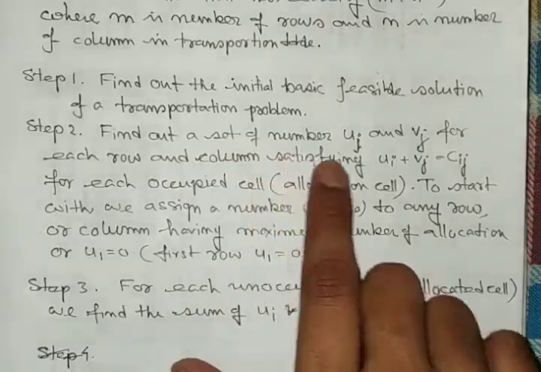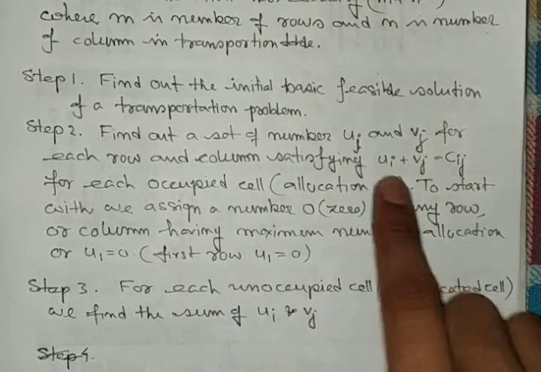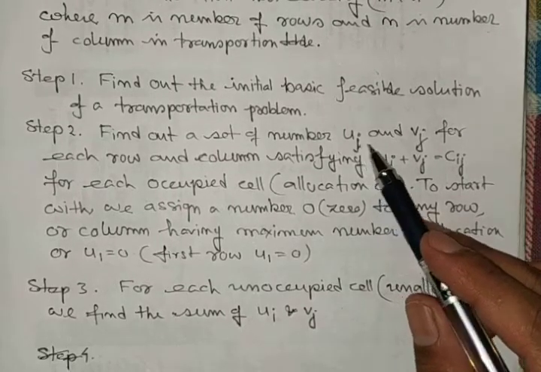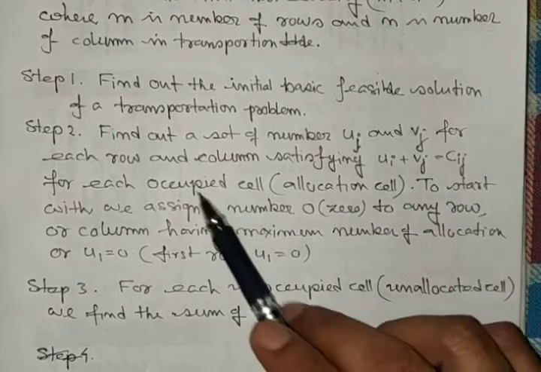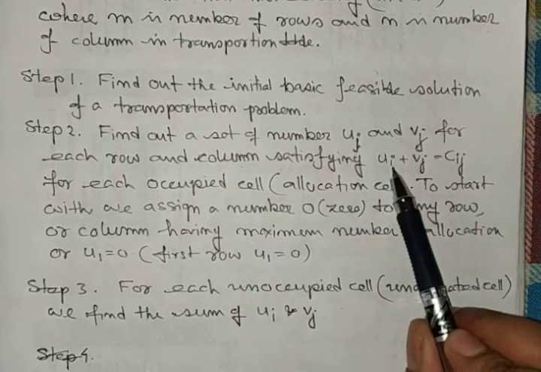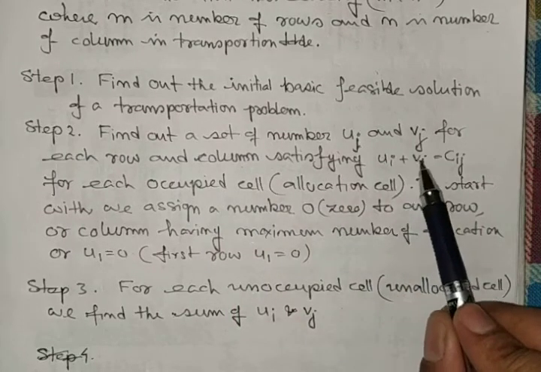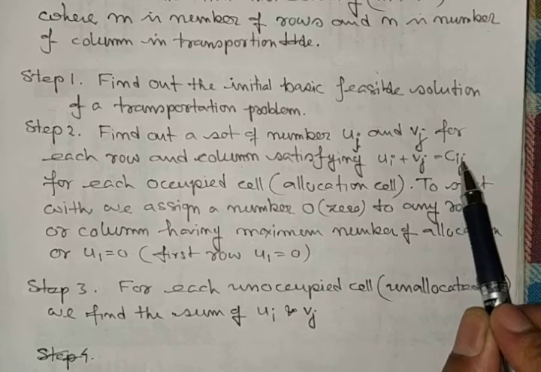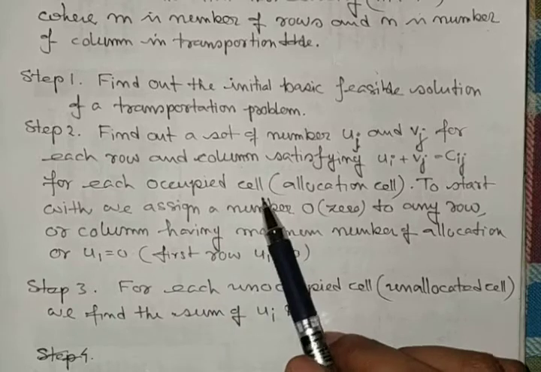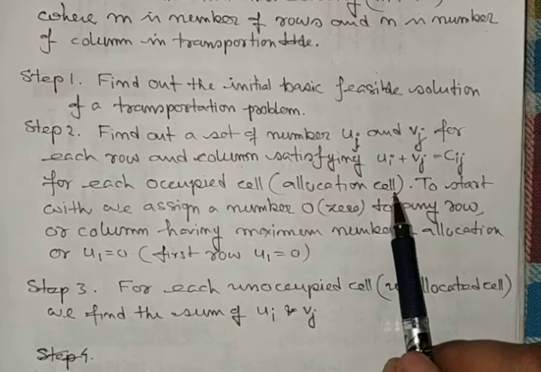Find out a set of numbers, that is ui, vj, for each row and column satisfying ui plus vj is equal to cij for each occupied cell or allocated cell.